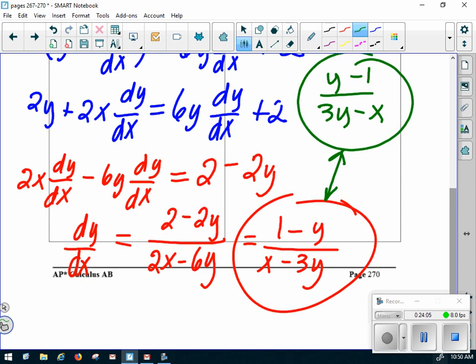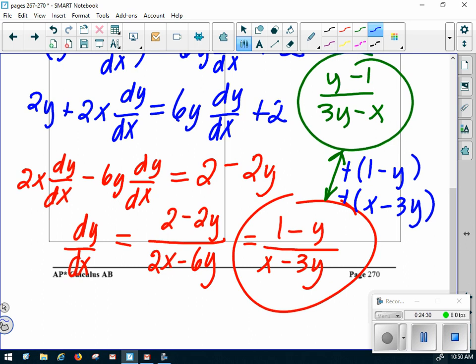Are you saying factor -1 out of the top and the bottom? Look here. If I factor a -1 out of that numerator, that'd be this, wouldn't it? And if I factored a -1 out of the denominator, right?